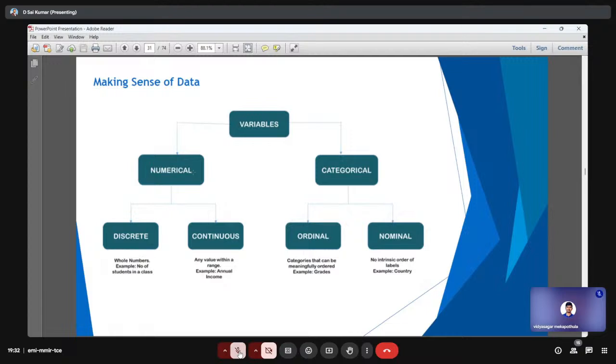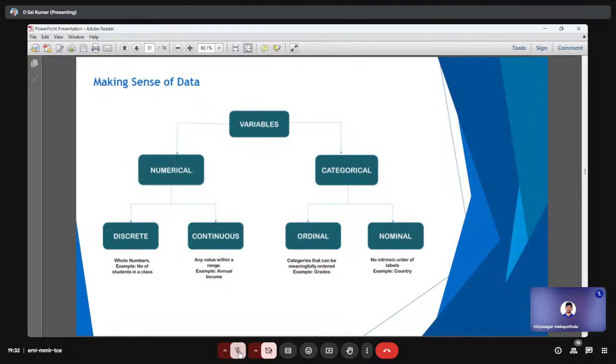For example, a patient with ID 123 whose name is so and so will have his own characteristics. Similarly, there is another patient with ID 321, and so on. So each observation can have a specific value for each of these variables.